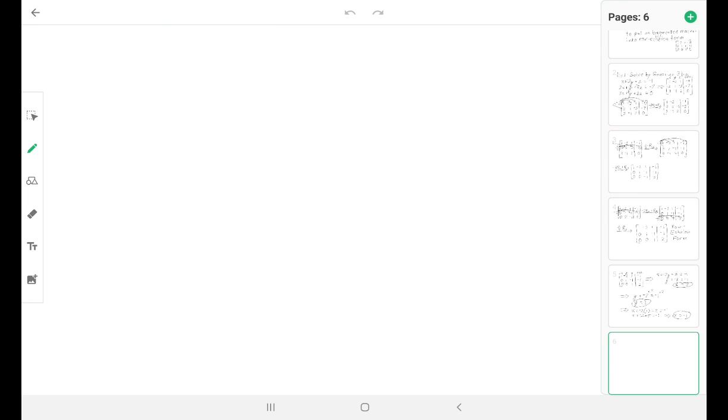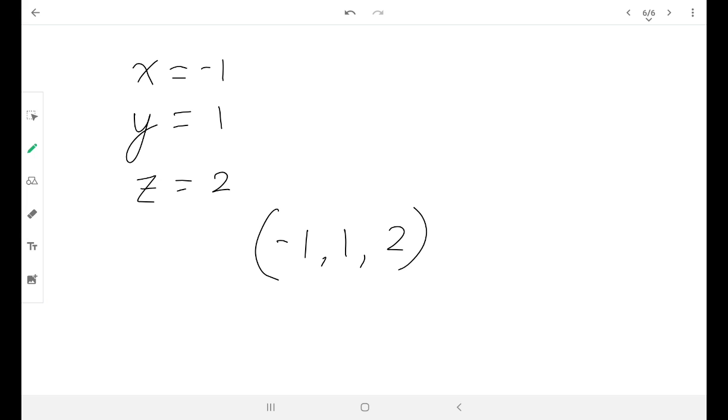And if we imagine that this was being done on a three-dimensional graph, 3 variables, 3 dimensions, then these 3 values can represent a point on that 3-dimensional graph of negative 1, 1, 2.